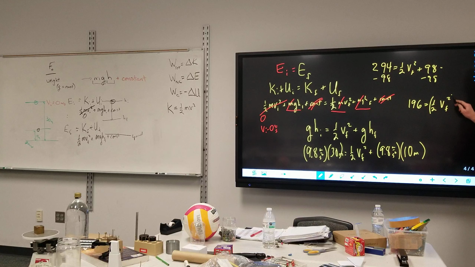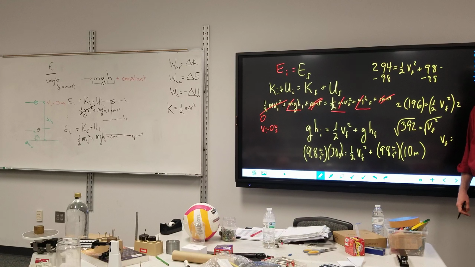Yep, get rid of that half by multiplying by 2. So 392 is equal to V final squared. Get rid of the square root by undoing that one. And so V final is whatever the square root of 392 is. If someone would be kind enough to do that.